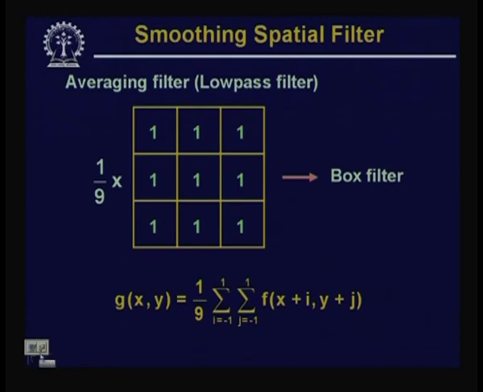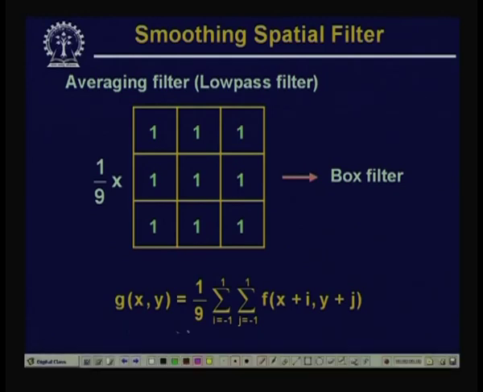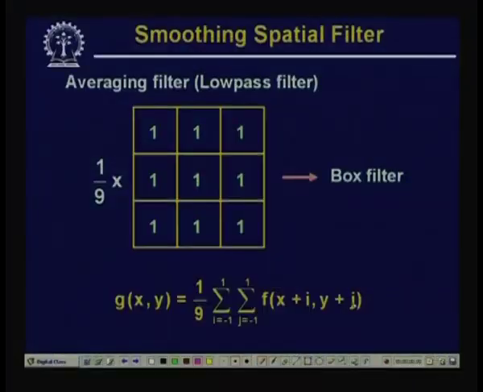Naturally, as this expression says, what we are doing is taking the summation of all the pixels in the 3 by 3 neighborhood of the pixel location x y and then dividing this summation by 9. That is nothing but the average of all the pixel values in the 3 by 3 neighborhood of x y, including the pixel at location x y, and this average is placed at location x y in the processed image g.